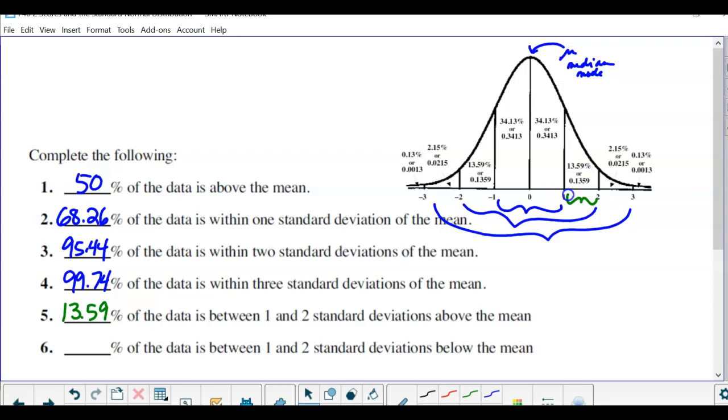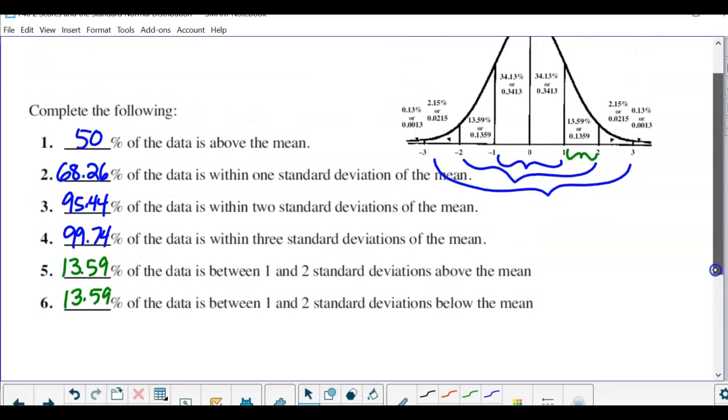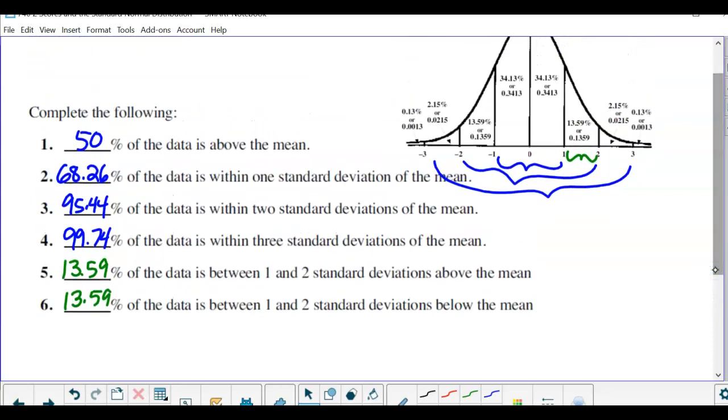It's the same part, just one's above, one's below. Look at the last one. Alright, so again, you don't have to memorize all of those. The calculator will be able to do that for you.